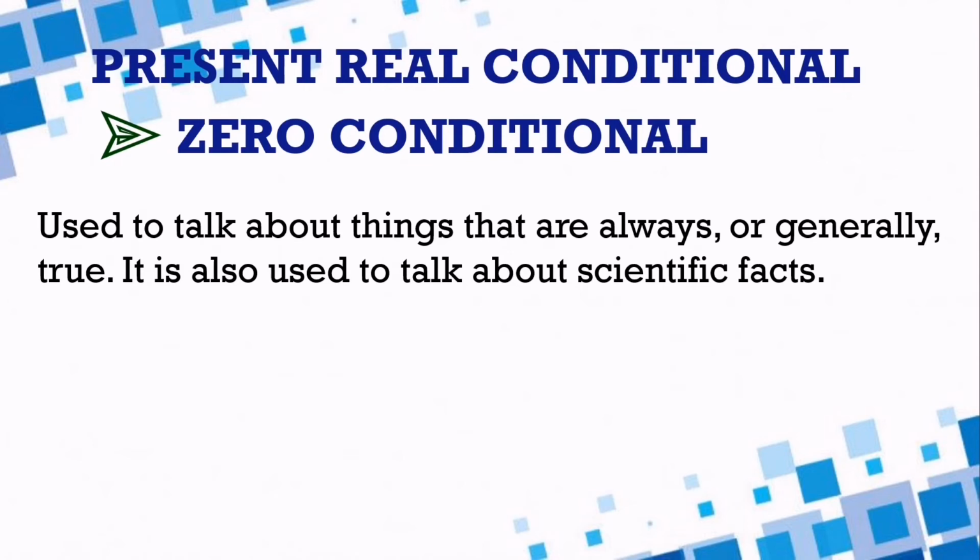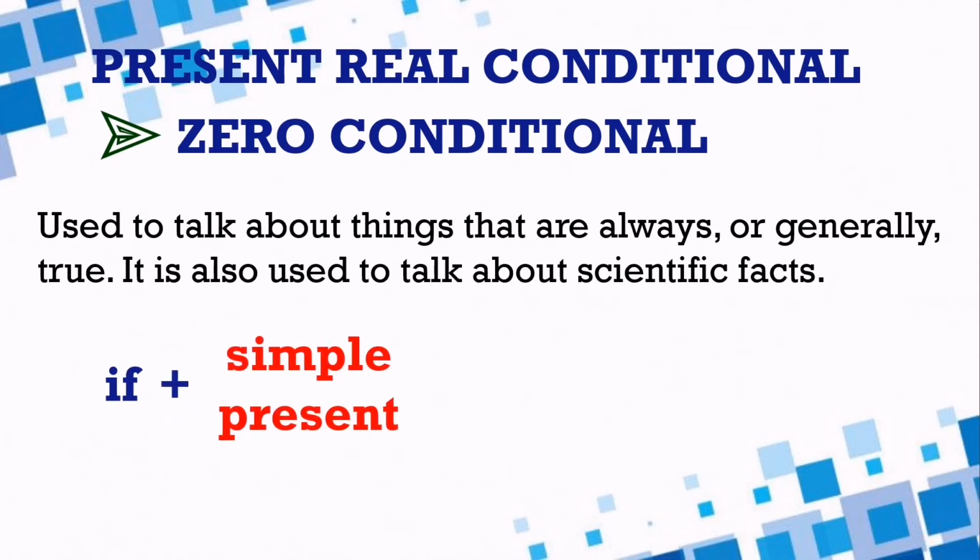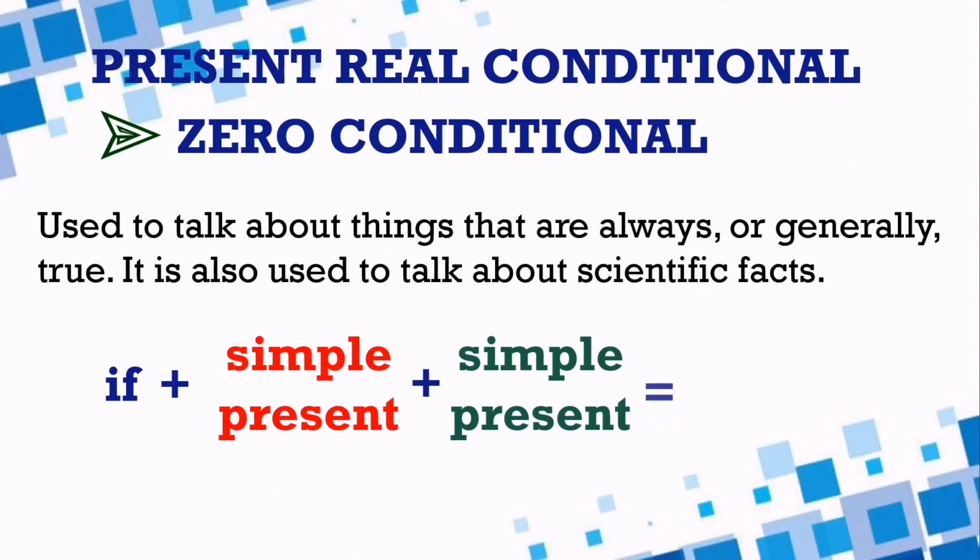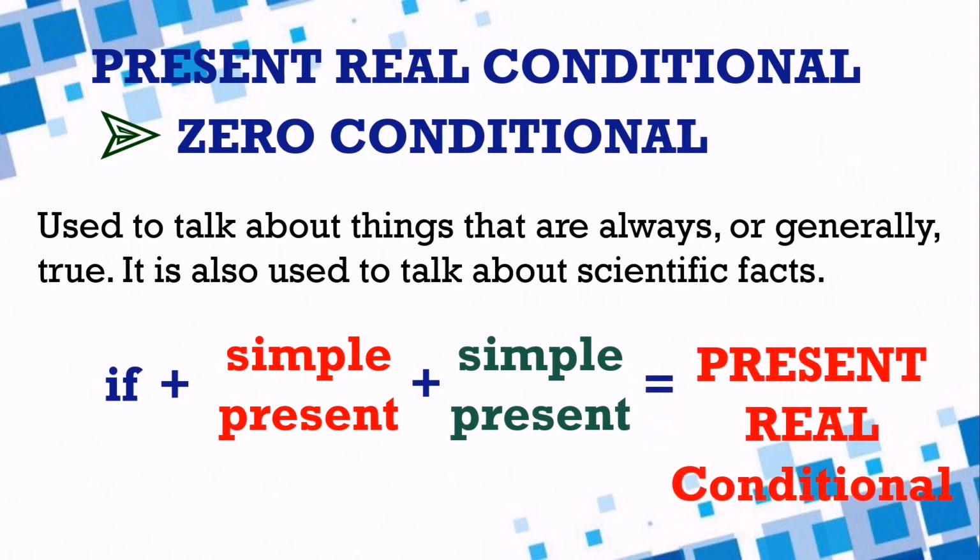Scientific facts require additional direction and support from theory and logic. The formula for this type of conditional sentence is if plus simple present plus simple present equals present real conditional.